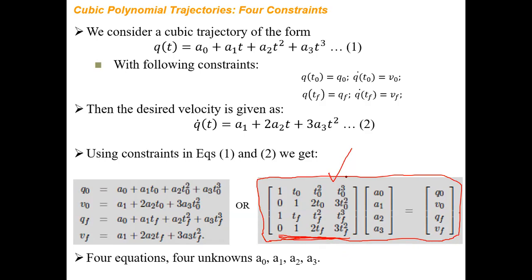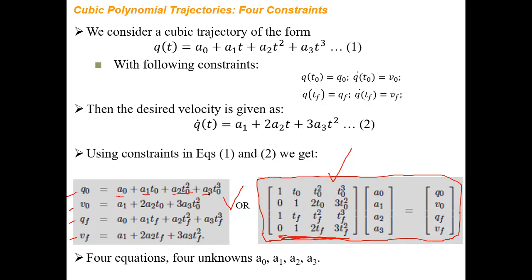Okay, if the determinant is non-zero, then you can guess from here that... So you have how many equations? You have 1, 2, 3, 4 equations. Then how many unknowns? You have 4 unknowns: A0, A1, A2, A3.